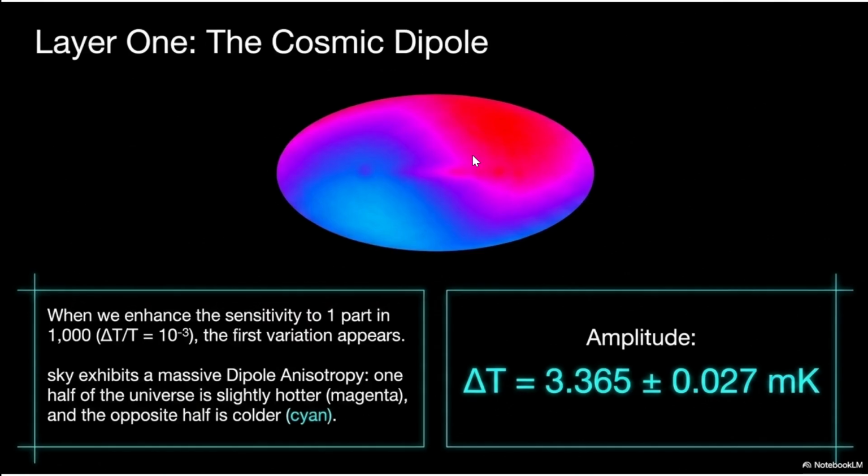And the reason for this dipole is due to, well, at the very least, Earth's motion around the solar system. So Earth is sometimes moving towards the sun, sometimes moving away from the sun in its orbit, or maybe, excuse me, in terms of the relation to the CMB, it looks that way due to the rotations.